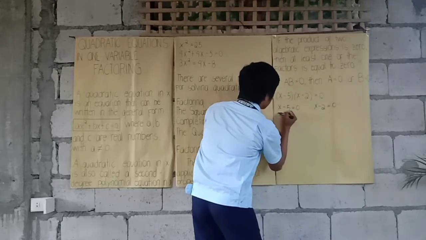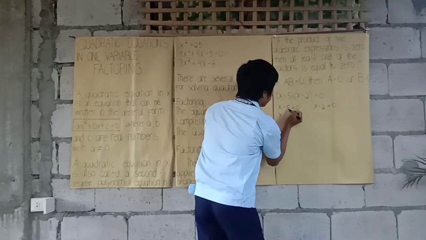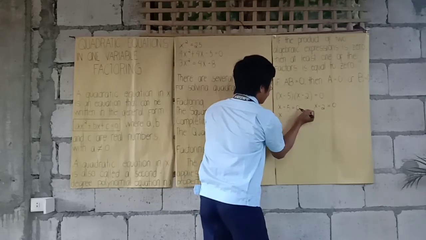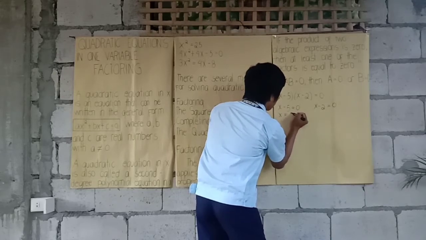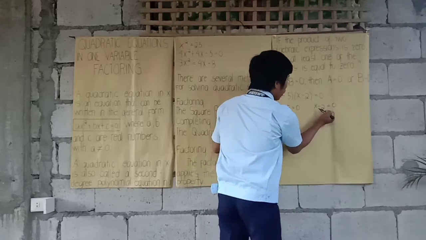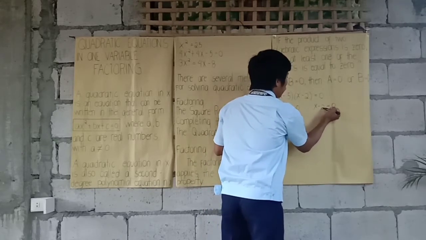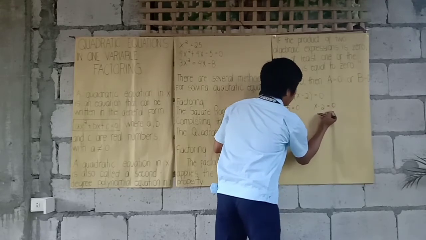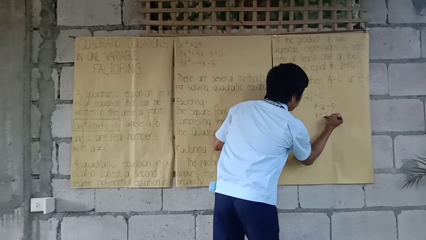So x minus 5 is equal to 0. Ilipat natin yung negative 5 dito sa 0. So magiging x is equal to positive 5. So x minus 2 is equal to 0. So ilipat natin to negative 2 dito sa kabila, sa right side. So x is equal to positive 2.